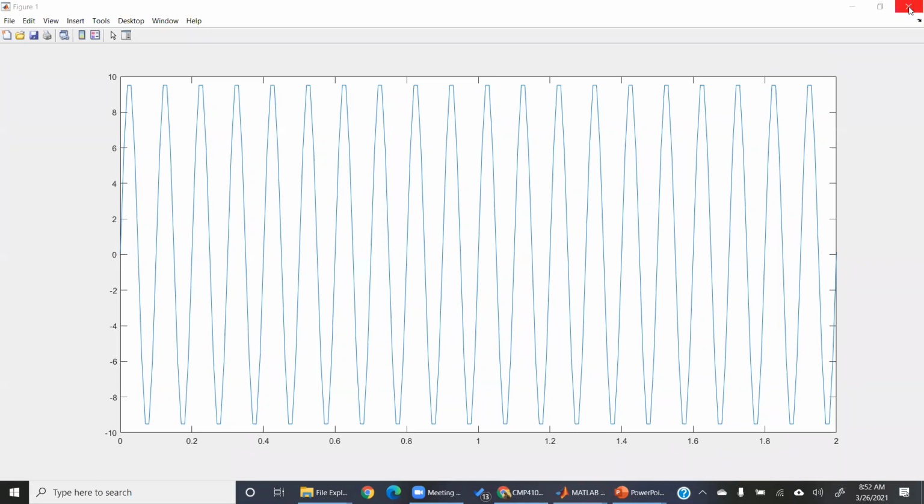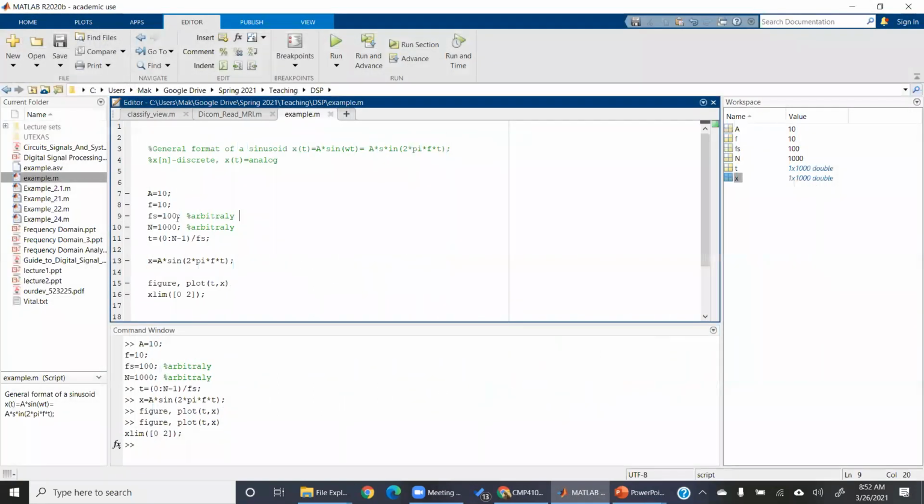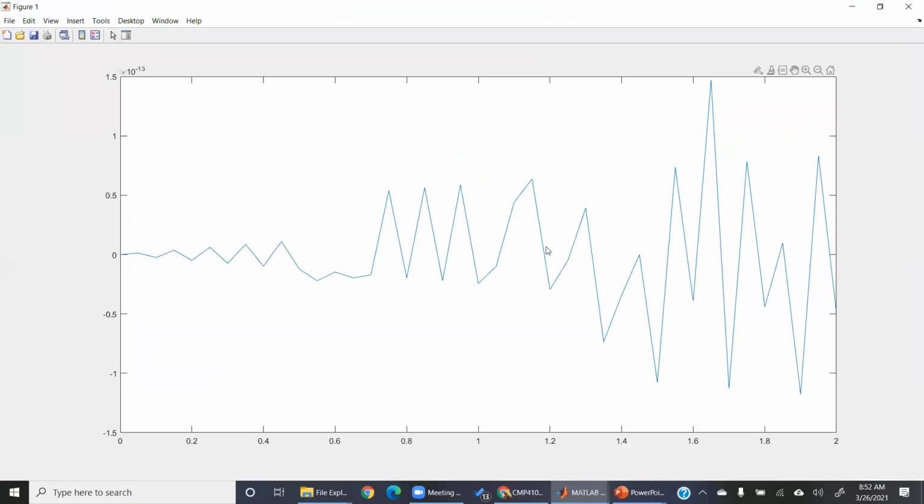I think that is oversampling. Okay, according to what you're saying, let me make this 20 and you see what's going to happen. Okay, so let's run this again. Whoa, you see that? Is that better or worse?